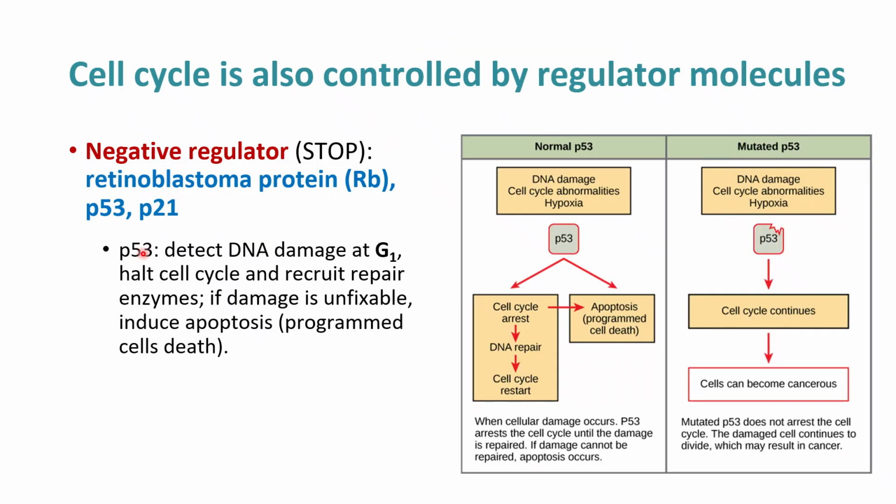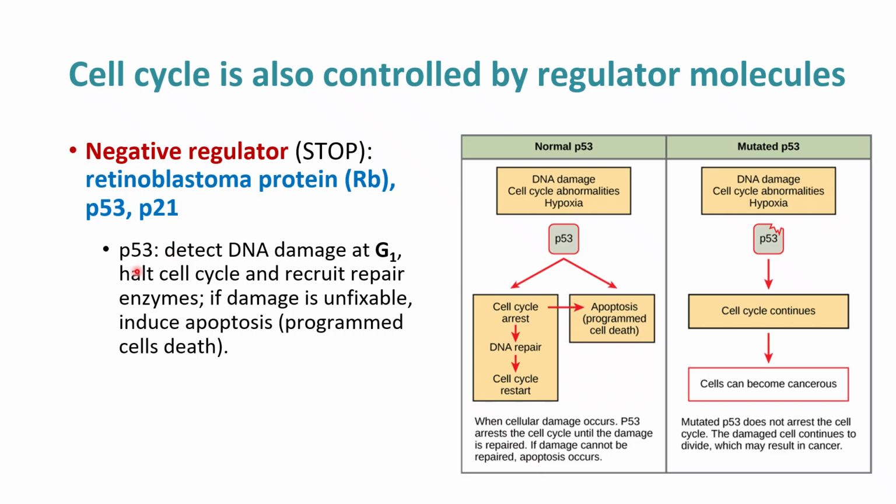The negative regulators are things like retinoblastoma proteins, P53, or P21. And these ones are the stops. So we had the positive was the go, the negative is the stop. And these guys, for example, P53, is a really important cell cycle regulator.